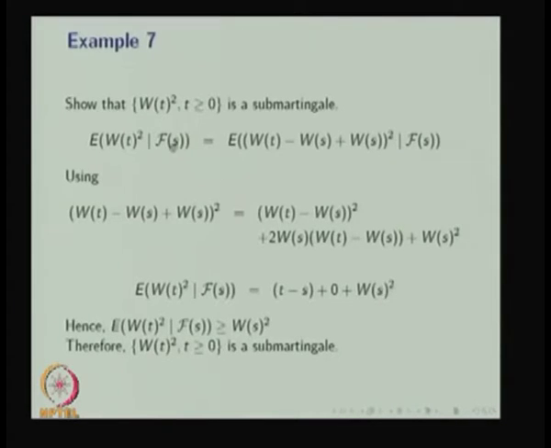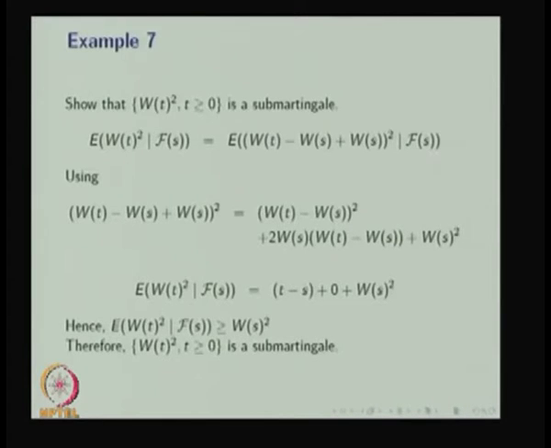We are directly checking the conditional expectation. The first two conditions are obviously satisfied. The first one is Wt is integrable. For the Brownian motion, for fixed t, Wt is normally distributed with mean 0 and variance t for a standard Brownian motion. Therefore, the mean exists.